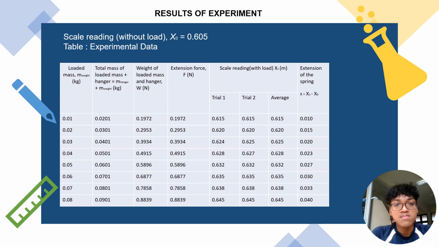The second example, 0.08 kilogram of loaded mass, we got an extension force of 0.8839 and the extension of the spring is 0.04. So we can say that the extension force F in Newton is directly proportional to the extension of the spring X.